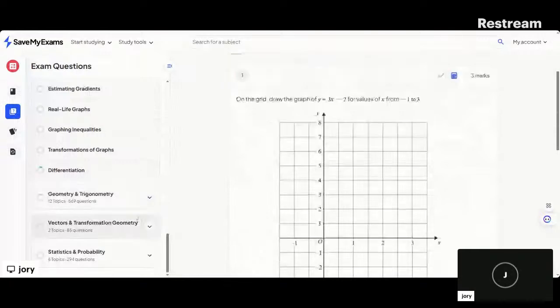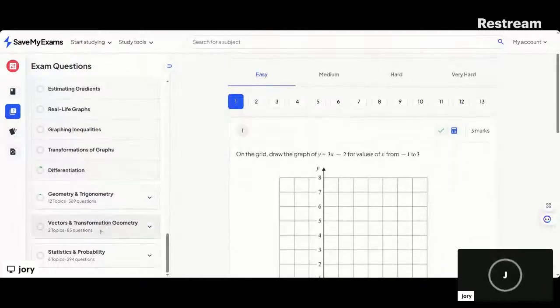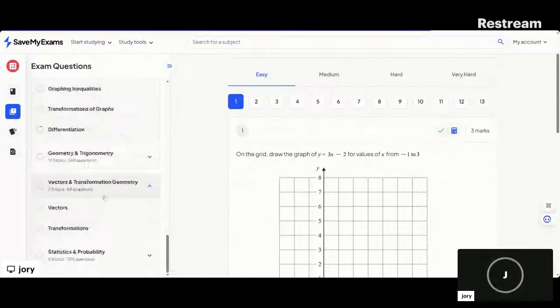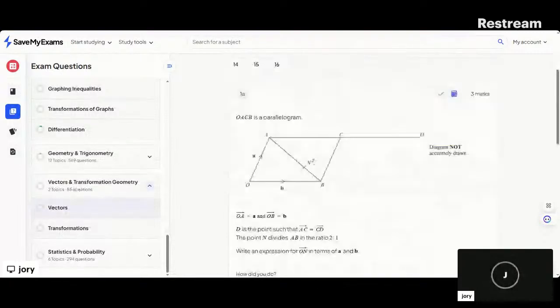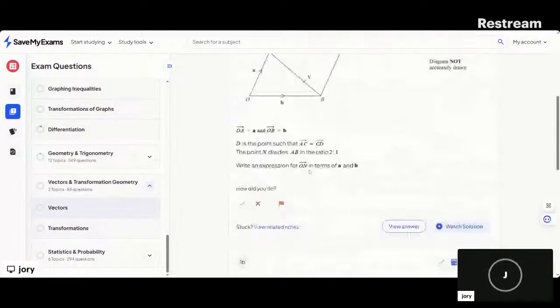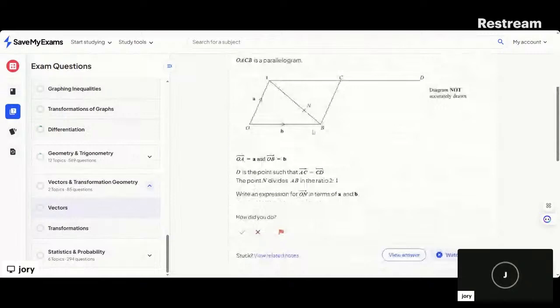I'm gonna skip some of these. And I'm going to go straight to vectors. Very hard vector questions. OACB is a parallelogram of ACB.